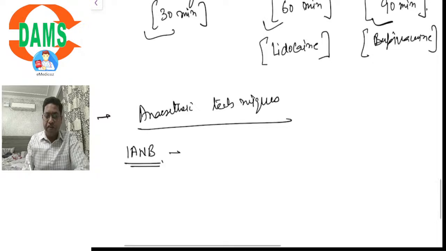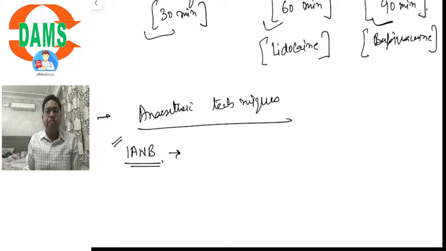Now this inferior alveolar nerve block, when it is administered properly, today I'm not discussing what the anatomical landmarks are, etc. That is the subject of your basic science. Today I'm talking about the different clinical aspects of the inferior alveolar nerve block, especially in situations which require pulpal anesthesia.